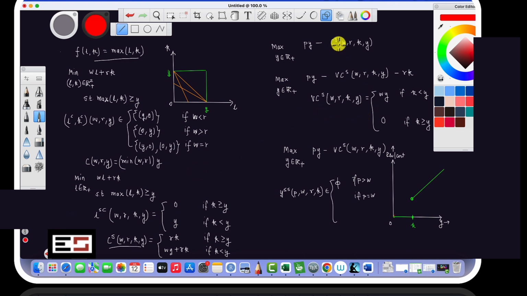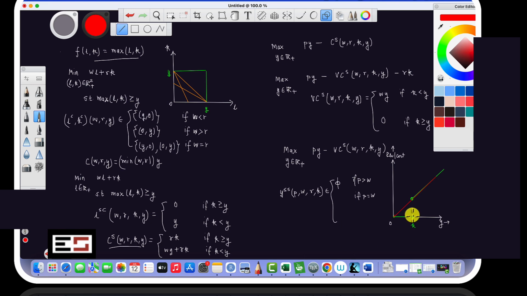In that case, your revenue will look like this. So it will coincide with this part of variable cost. Okay, and in that case, notice that at k, the difference between the revenue and the cost is maximum.